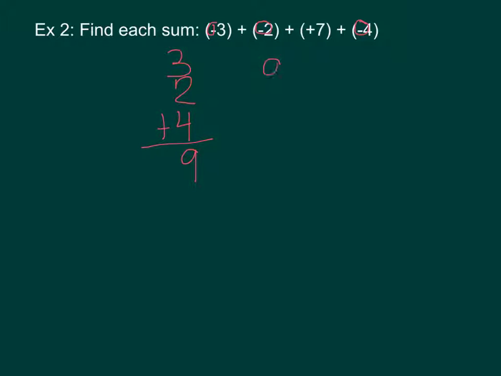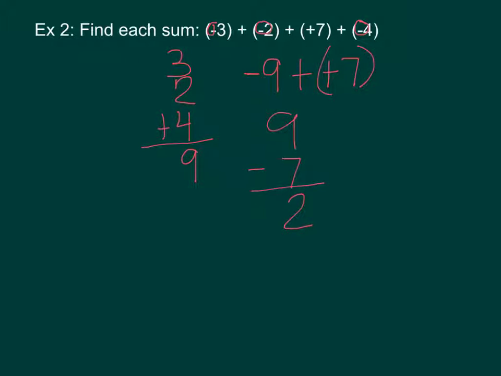Now my problem is 9 plus positive 7. And it's a negative 9, remember? We have to keep the same sign. Now, negative 9 plus a positive 7, different signs here. I see that 9 has a negative, 7 has positive, so I have to subtract the two and take the bigger absolute value. 9 minus 7 is 2.